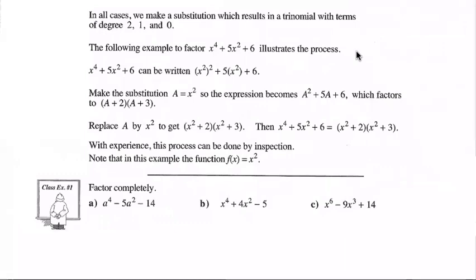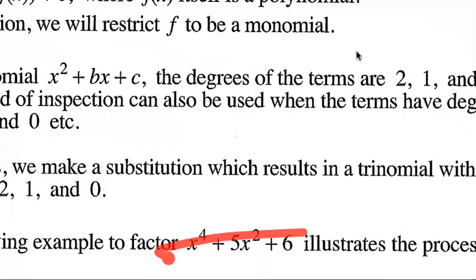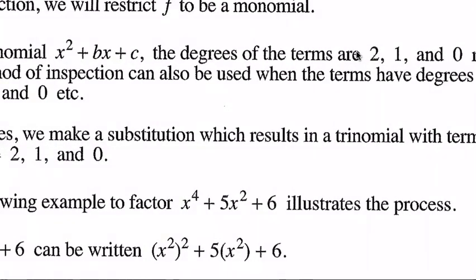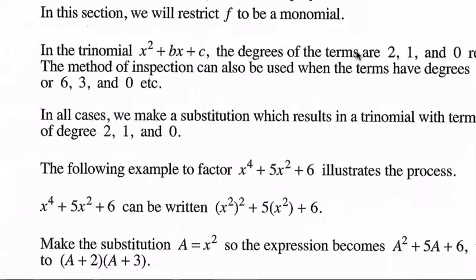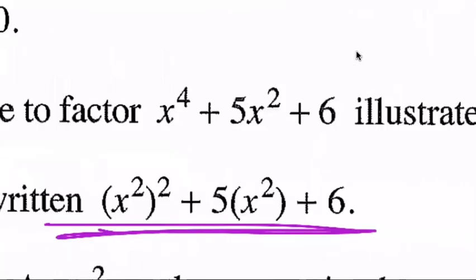So essentially, what they're saying is that if we tried to factor x to the fourth plus 5x squared plus 6, that power of 4 and that power of 2 doesn't look normal to us, but we can make it look normal if we do just a little bit of manipulation. So we manipulate this x to the fourth plus 5x squared plus 6 into this (x squared) squared plus 5x squared plus 6.